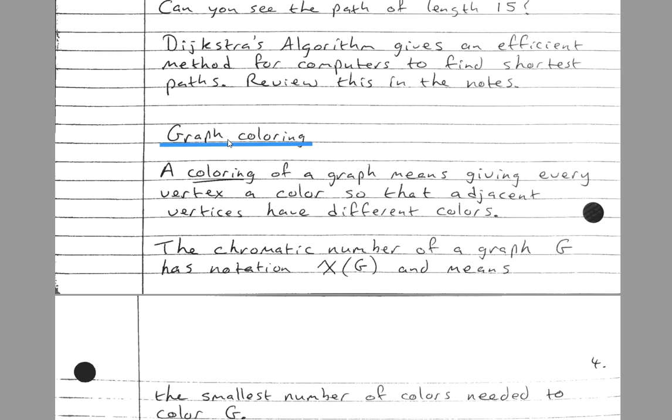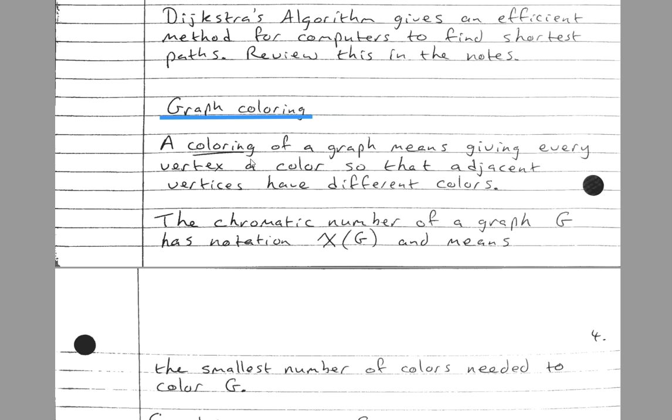And the very last topic we looked at was graph coloring. So coloring of a graph means choosing a color for every vertex, and you want adjacent vertices to have different colors.